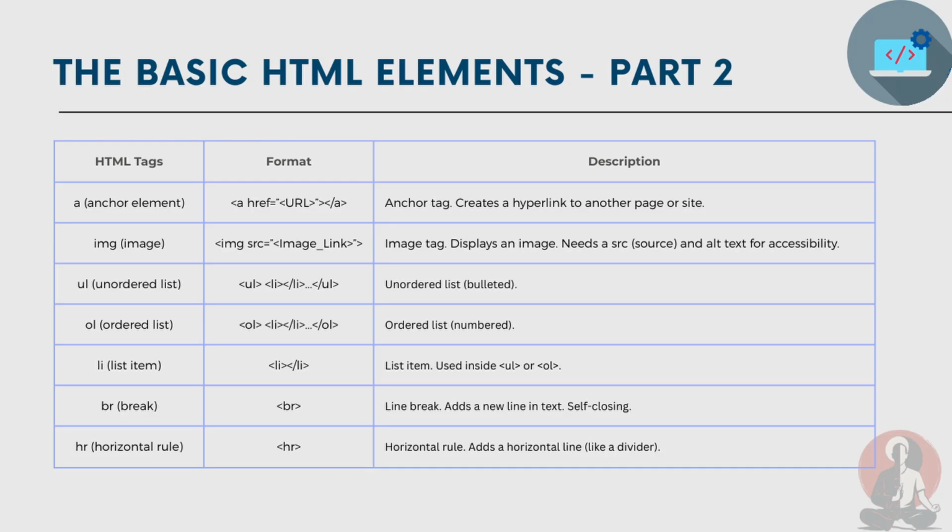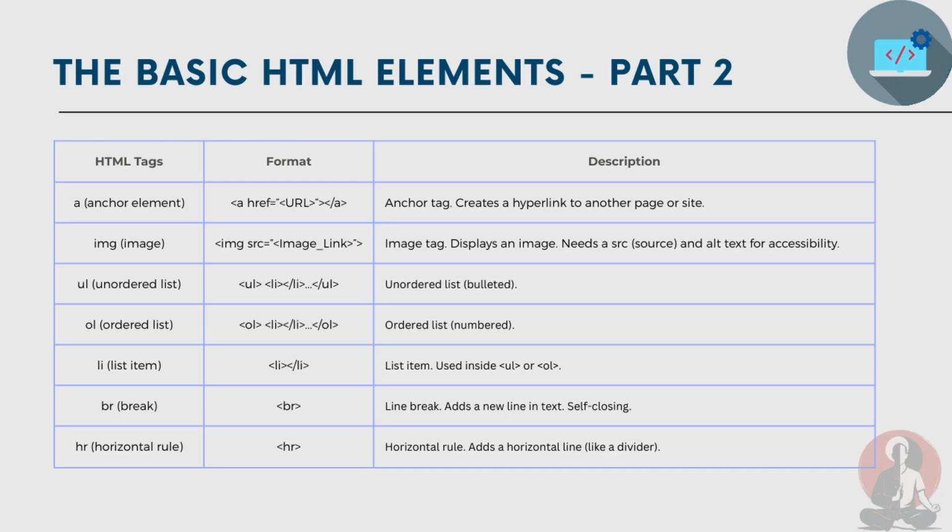It is an anchor tag that creates a hyperlink to another page or site. For images, we can just use the img tag with an attribute of src, or source. It displays an image, and we can put src and alt text for accessibility.